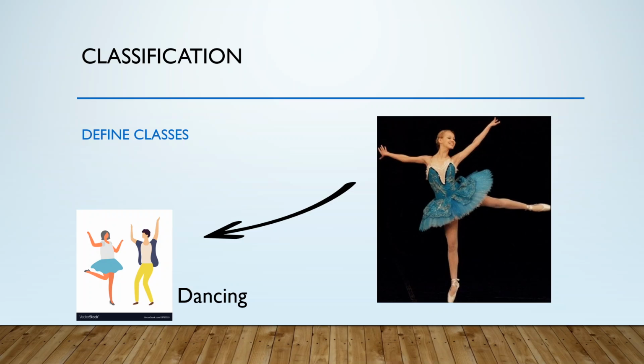If your classifier fails to classify this particular posture into the dancing posture class, then your classifier performance will decrease. So this is how the performance evaluation of the classifier is done. So this is the design cycle of pattern recognition.